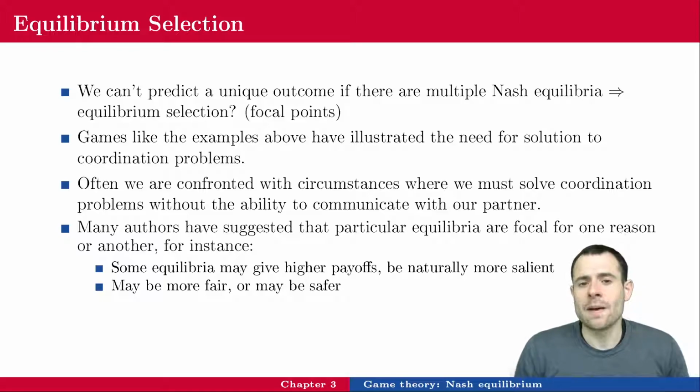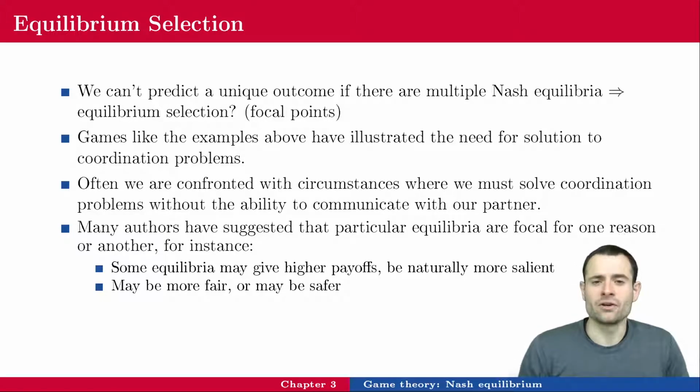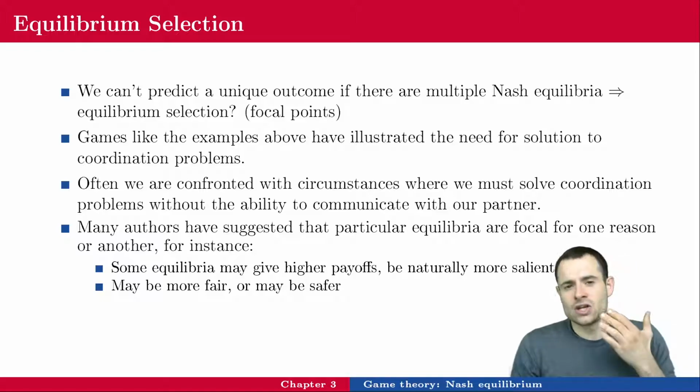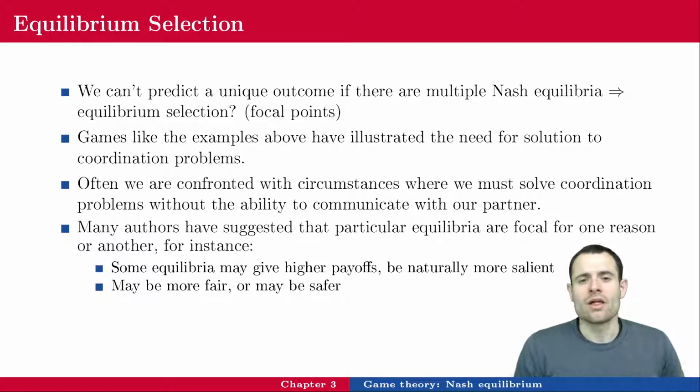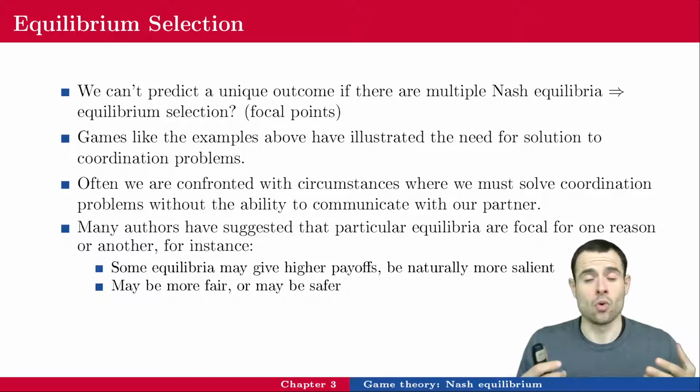Sometimes some equilibria could be more fair, maybe safer. So you might imagine or you might assume that the other player is going to go for the Nash equilibrium which is more fair. Not the one that gives him a bigger payoff, but maybe the Nash equilibrium that gives higher payoffs overall.